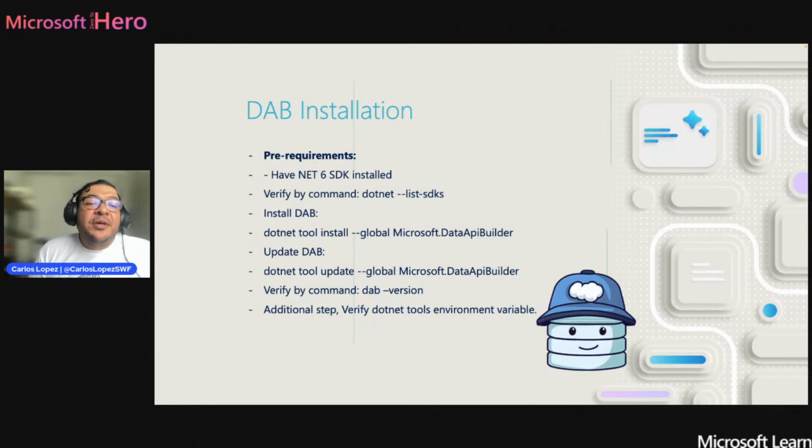You only have to check that the environment variables are updated on your local machine or wherever you're installing, and see that the variables are included in the library, and that's it. And you can check it by running dab -v, and you can see that the tools are there.